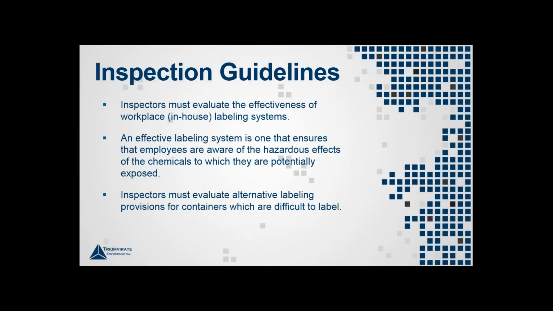Okay. So then they're also going to talk about here, if you're going to use a different labeling system, so we're going to talk about HMIS, NFPA, any of those items. Okay. Because again, what does it say? It says you have to have some type of a labeling system, and they want to make sure it's effective. So it states right in the guidance document here, if you will, that they will do employee interviews, and how many people to interview and what questions to ask.